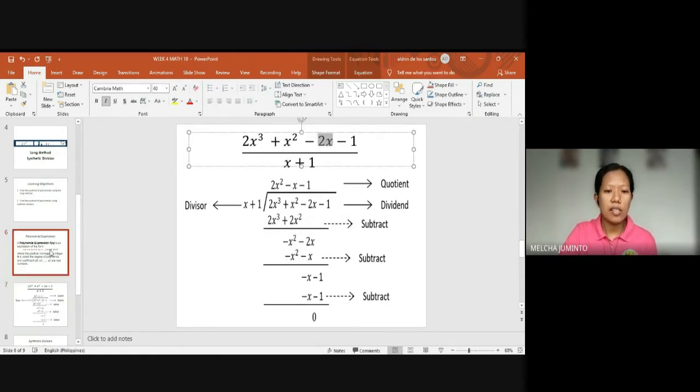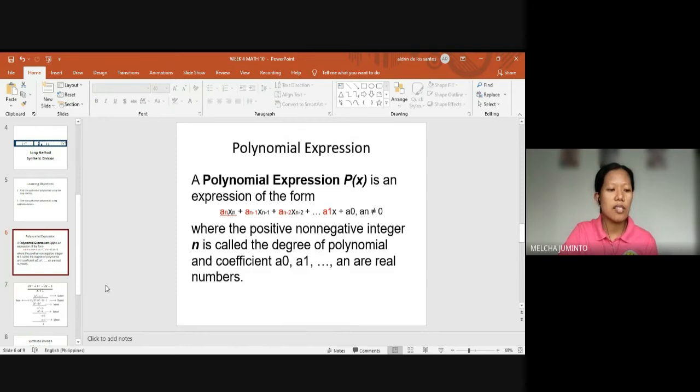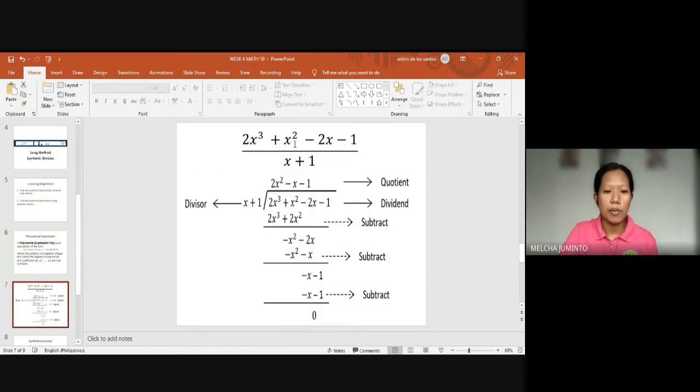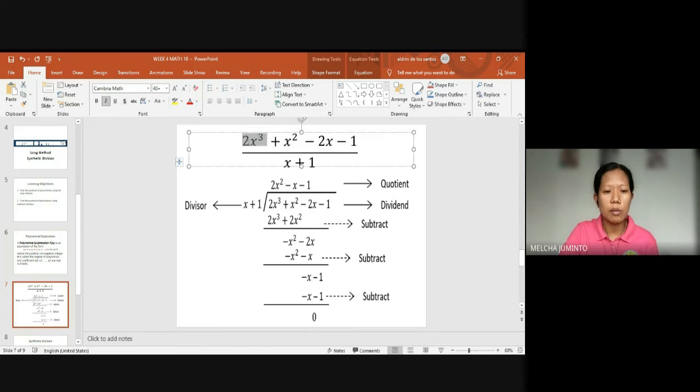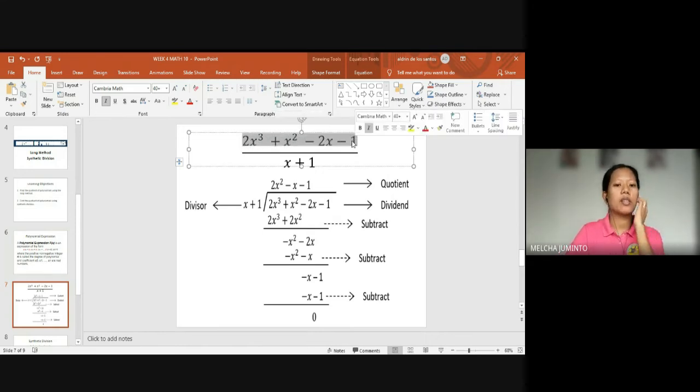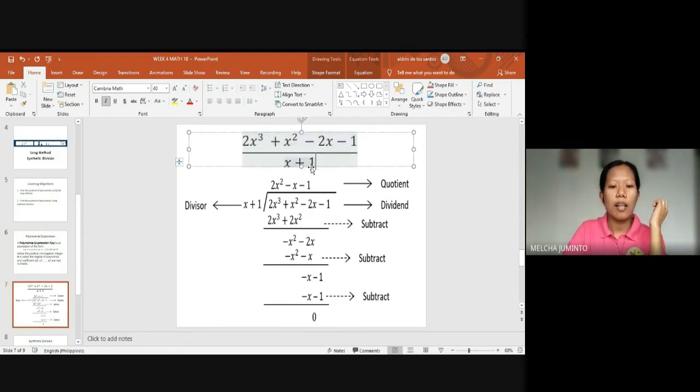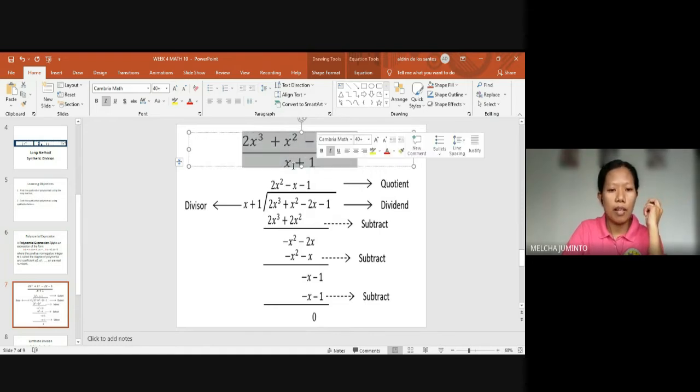As you can see, the exponent will increase. It will become squared, and then the highest exponent is cubed for x. So an example of a polynomial expression is 2x cubed plus x squared minus 2x minus 1, and then it will be divided by another polynomial, a binomial x plus 1.